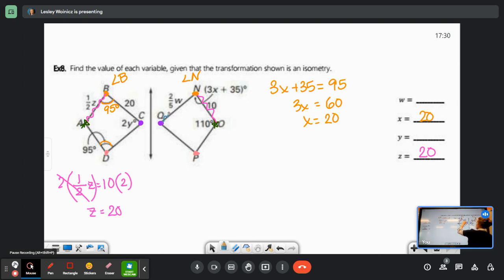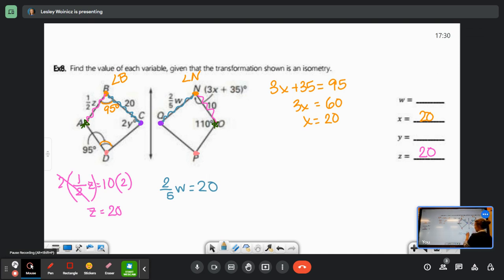Okay, I'm seeing that this guy and this guy have to be congruent because they're image and pre-image. Okay, so we know that 2/5 W has to equal 20.